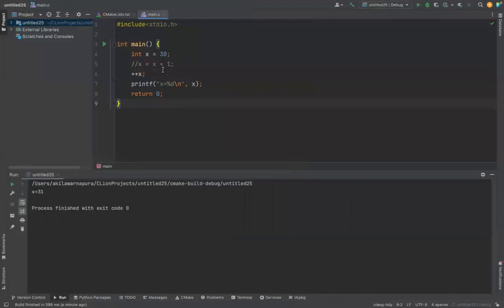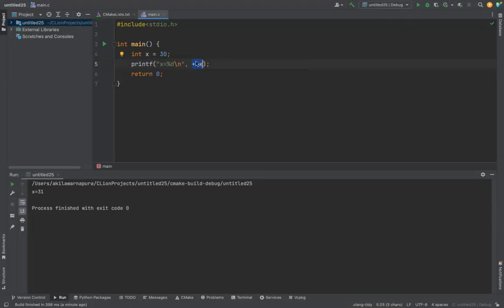Okay, let's look at the difference. Instead of x plus plus here, I am going to use plus plus x here. That means the x value is 30. In the printf, you are providing plus plus x.